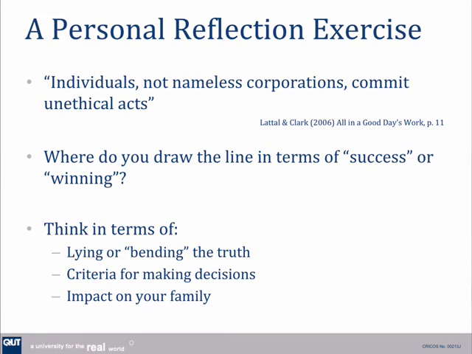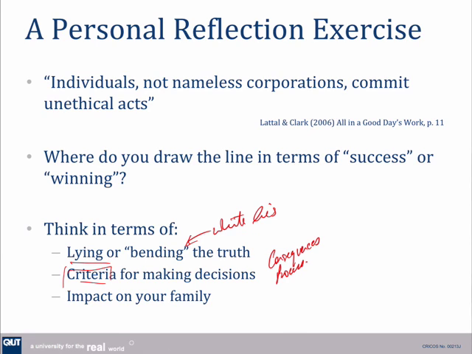So some particular questions for you to think about is, when would you lie or at least bend the truth, those kind of white lies? What criteria would you use for decision making? Is it more about the consequences, or is it more about the process of how you make decisions?